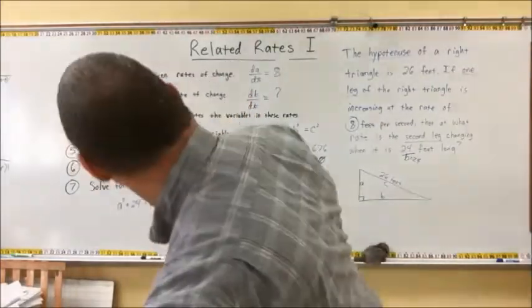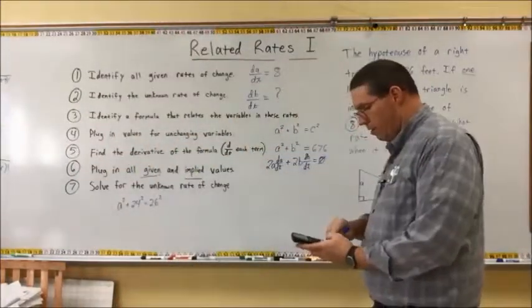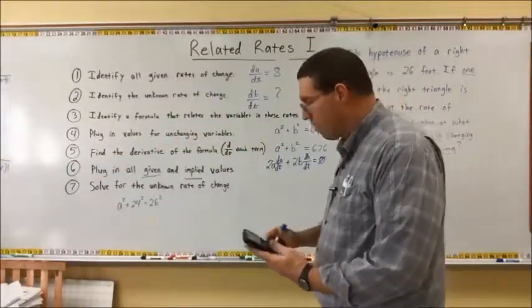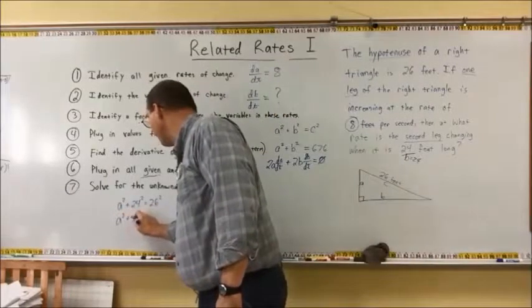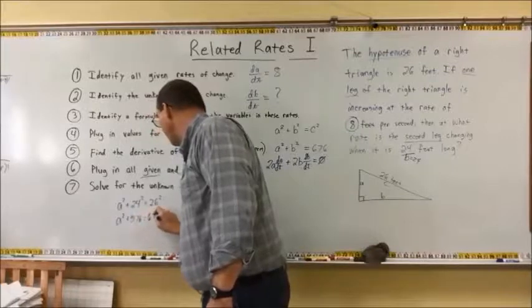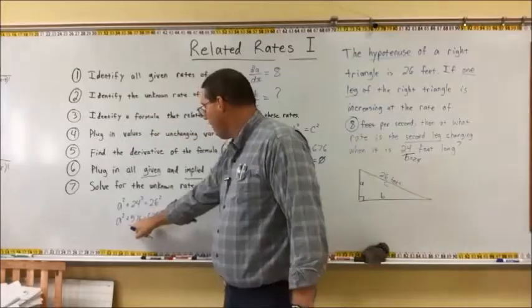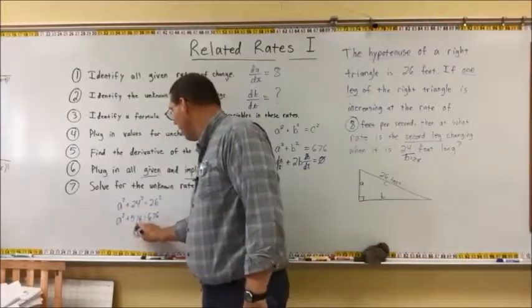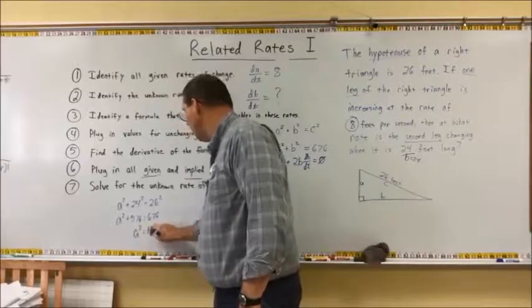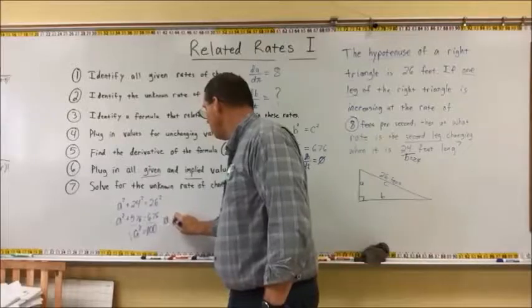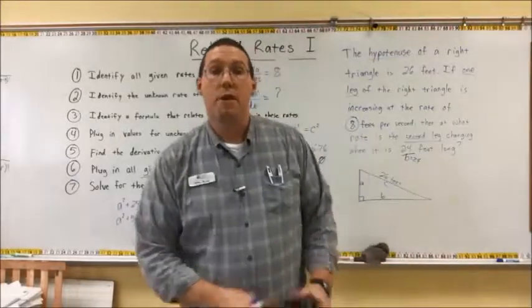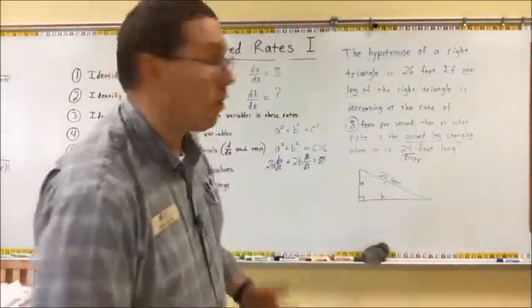Well, we already said that 26 squared is 676. 24 squared is 576. So A squared plus 576 is equal to 676. And if we subtract 576 here and here, we get A squared is equal to 100. And then the square root of both sides, and we get A is equal to 10. So now we can plug 10 in for A.